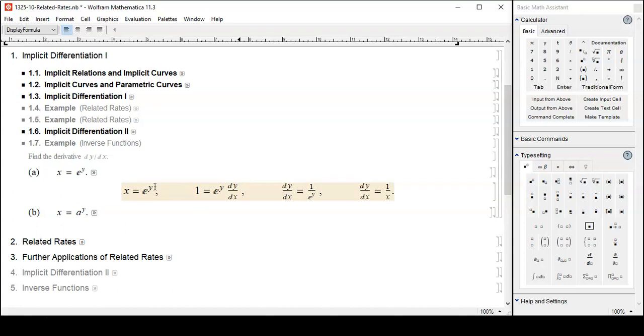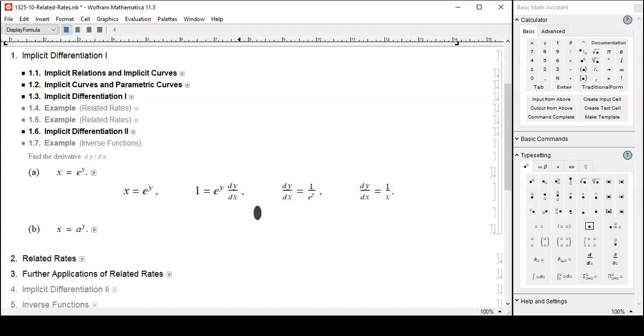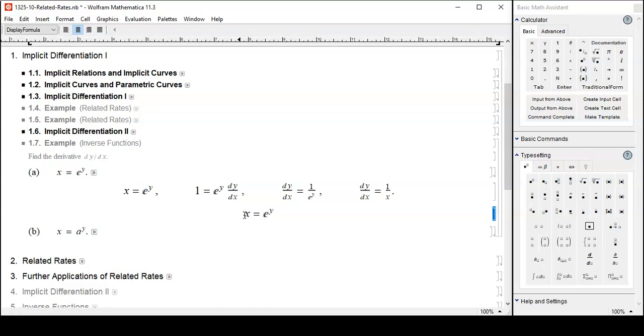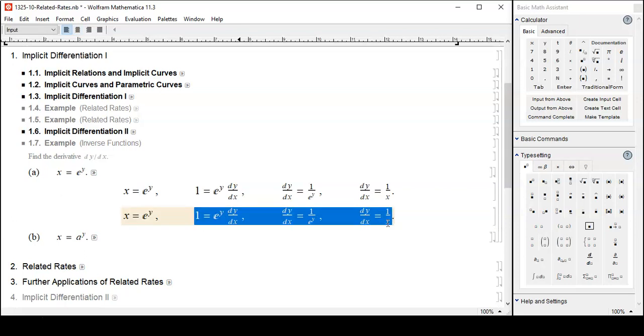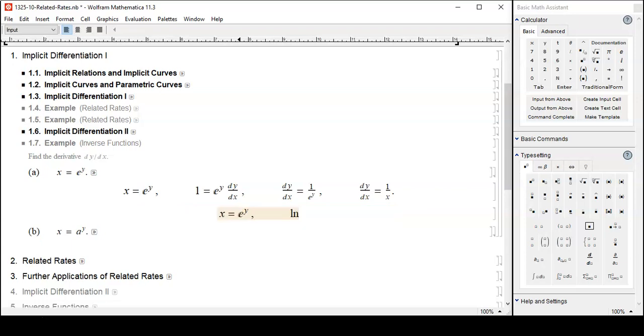From here, x is e to the y power. Here, let's take the log of both left-hand side and right-hand side. Copy and paste the entire cell, and then in the second step, we take the log of both left-hand side and right-hand side.